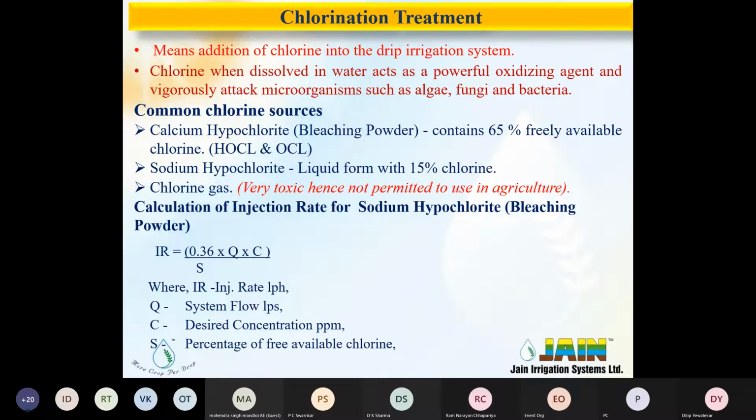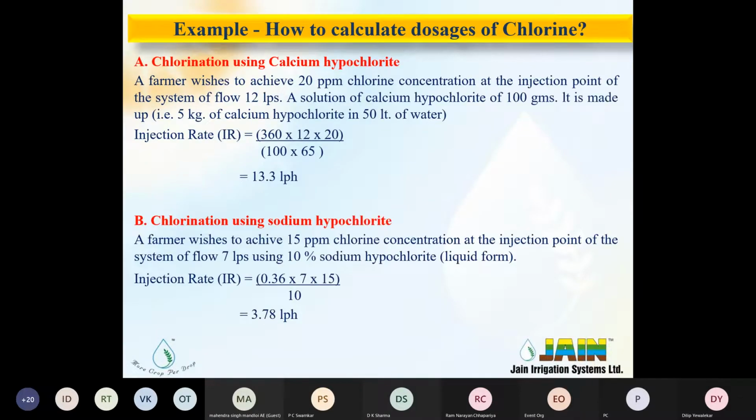How to calculate the dose of hypochlorite or bleaching powder is given in this formula: how much volume of water is there, and at what rate water is flowing. Based on that, the dose can be worked out. Here one example is given of how to work out the dose of calcium hypochlorite.